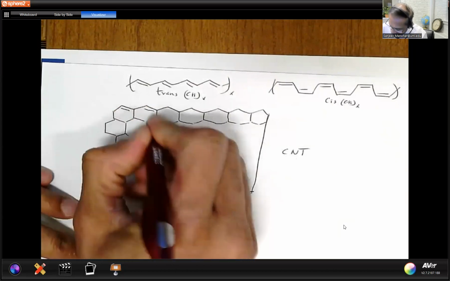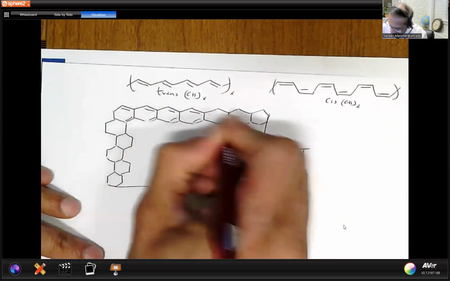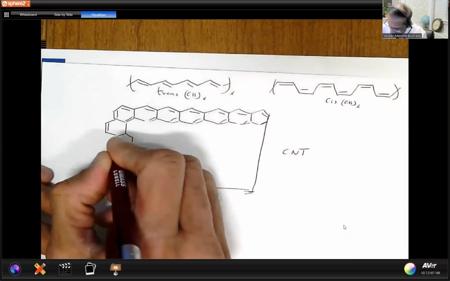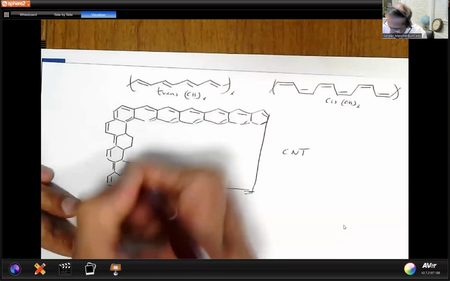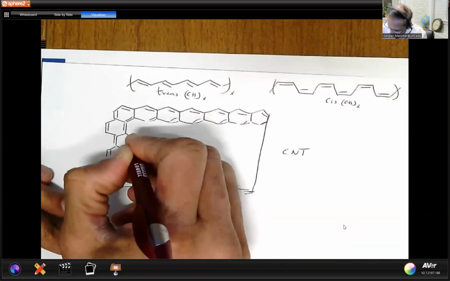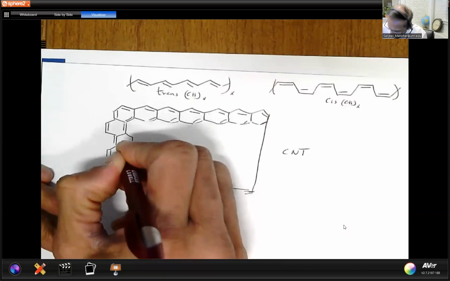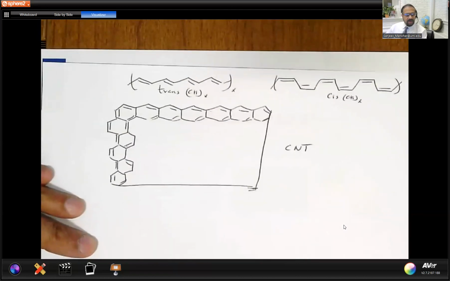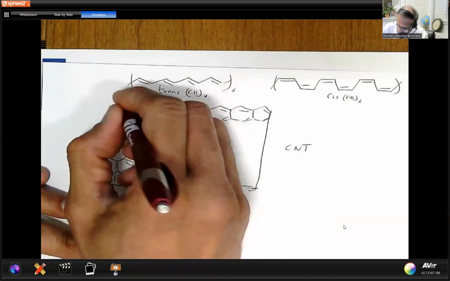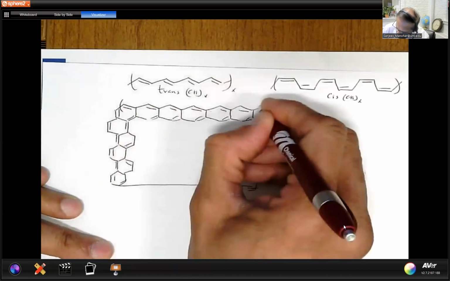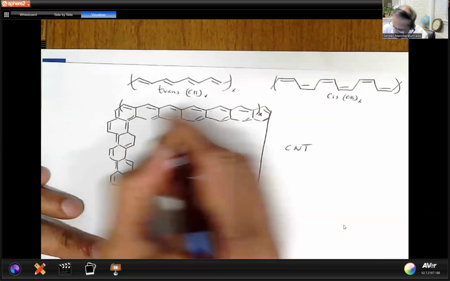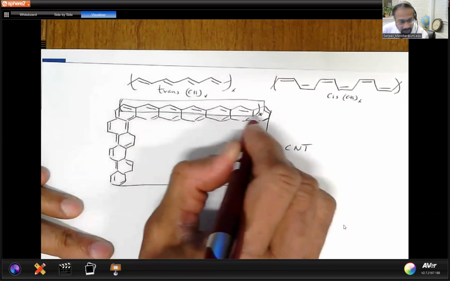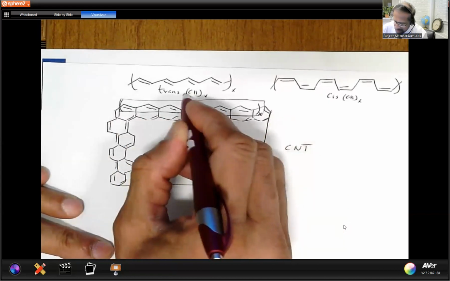Remember, in carbon nanotubes, it's just benzene groups, correct? Yeah, that's how it goes. Can you see the similarity? This whole part, if you just looked at this part, that looks like trans CHX, correct?